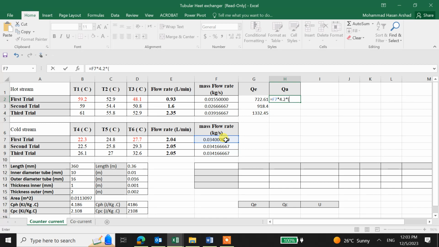But let's assume same. So T cold out minus T cold in, right? Cold out is more than cold in, of course. So this is again times 1000, in joule.